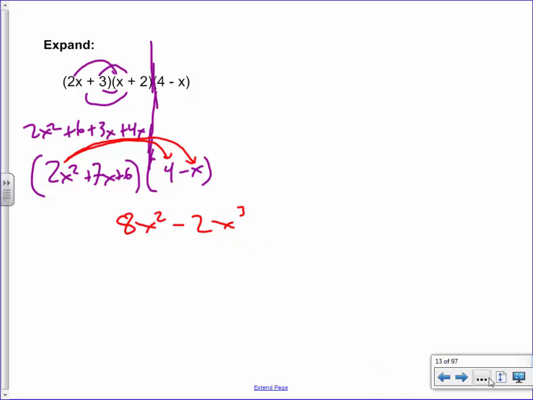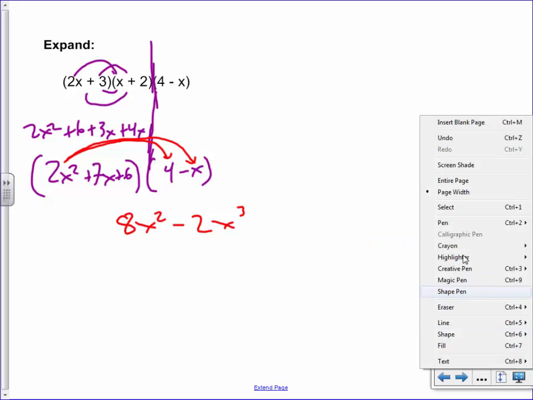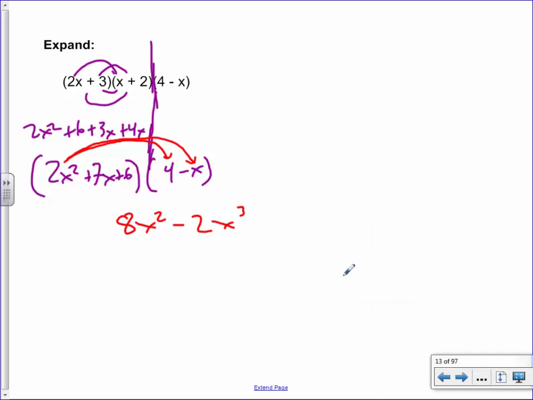I'm going to pick another color just to keep it organized. Then I might do the 7x times the 4. So that's 28x. 7x times the minus x gives me negative 7x squared.